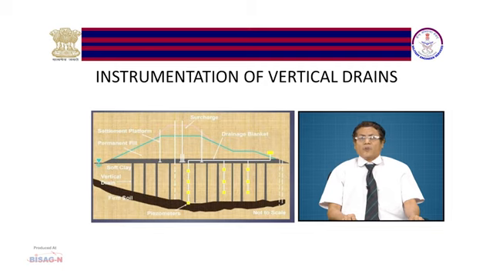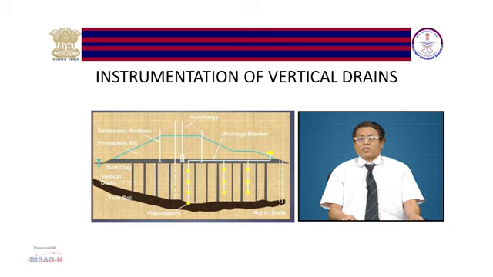This is another pictorial representation, that is instrumentation of vertical drains. Now, you can see this OGL where this PVD has started to dig in underneath. There we place the settlement platform, that is settlement gauge, to measure the vertical settlement, and at the bottom, the piezometer is also set up to measure the pore water pressure.